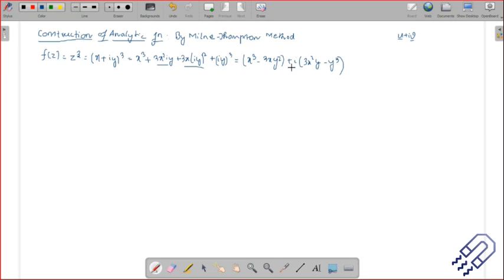So we have the real part and the imaginary part, and when we write it down, u(x,y) is equal to x cubed minus 3xy square. Okay, that's your u. And then we can also have v.